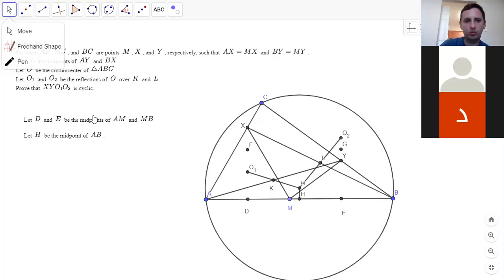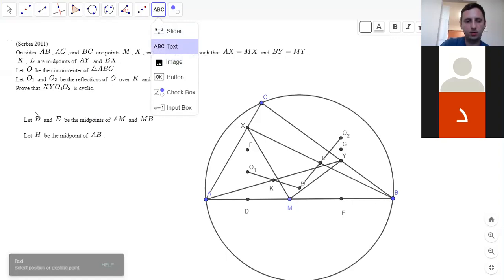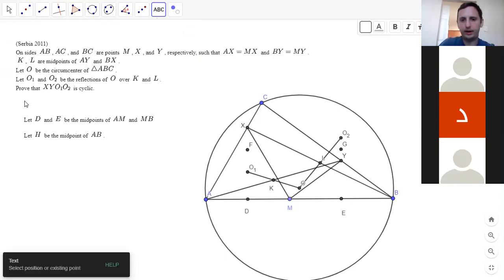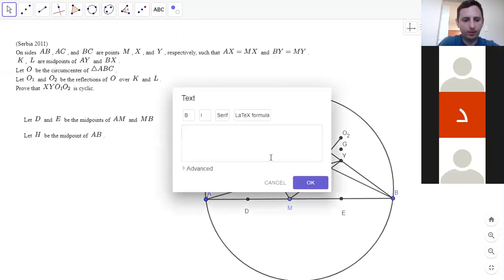I don't even know if I need H here. It's just by symmetry. The diagonals of the parallelogram bisect each other.